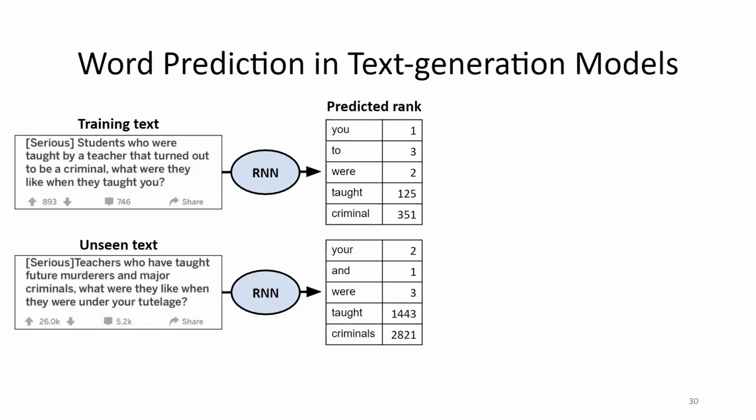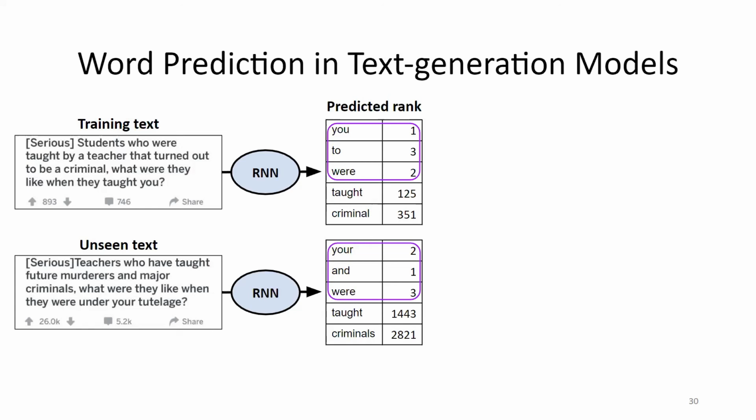And you can see from these two tables that for common English words like "you" and "to", the model will assign a very high rank, regardless of whether the word is in the training text or in the unseen text.